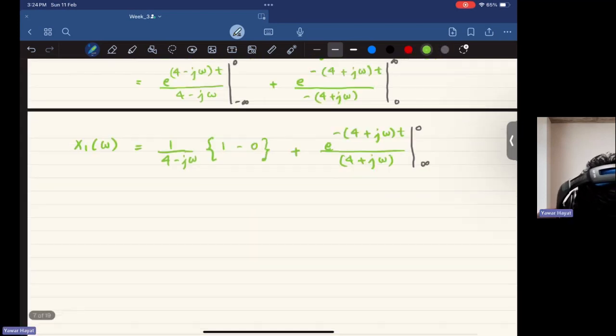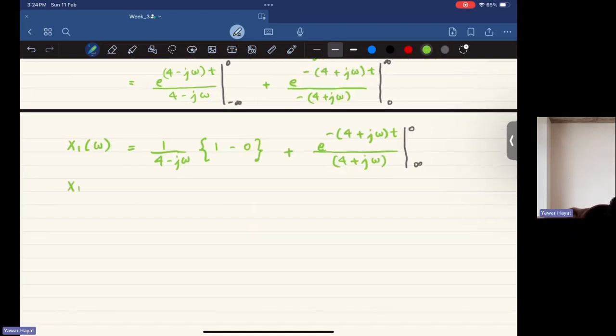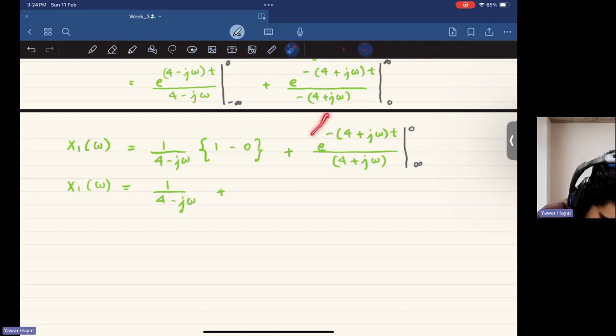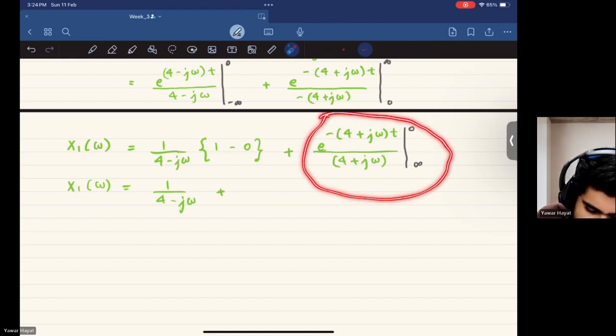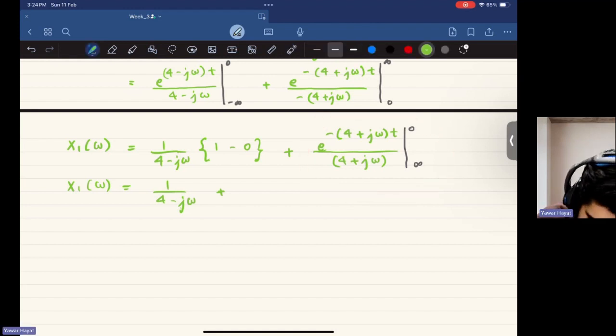Now what is this? X1 of omega would be 1 by 4 minus j omega. What about this? Would this be 1 by 4 plus j omega?